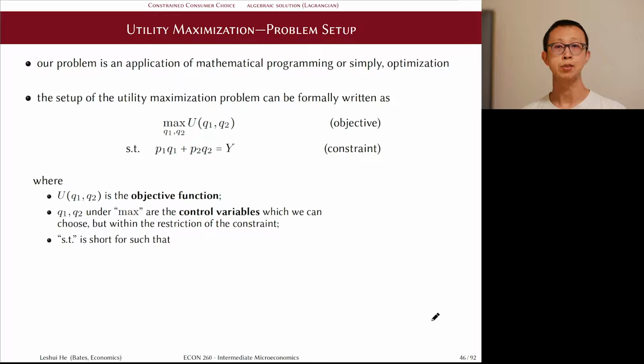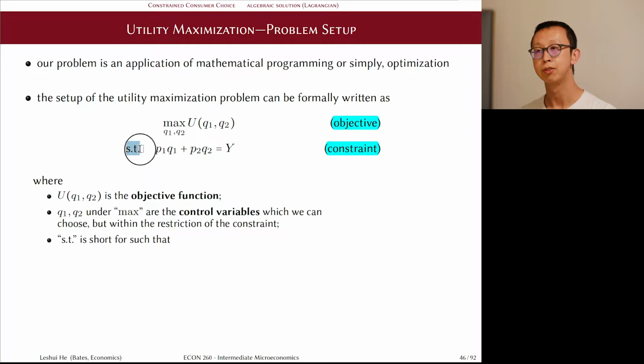This problem has two major pieces: the objective, which is what we are trying to maximize or minimize, and the constraint that limits our choices. The ST here stands for such that, so that it highlights the equation following it is a constraint to our choices.